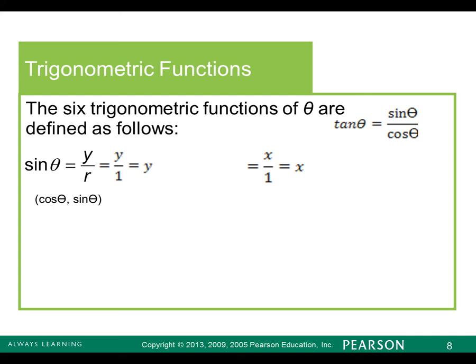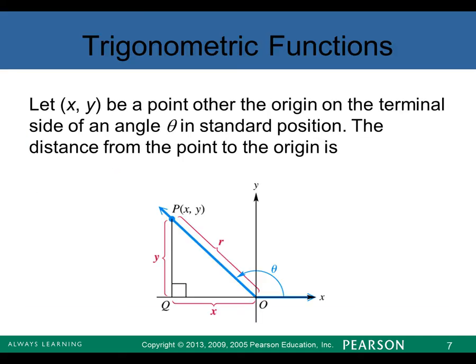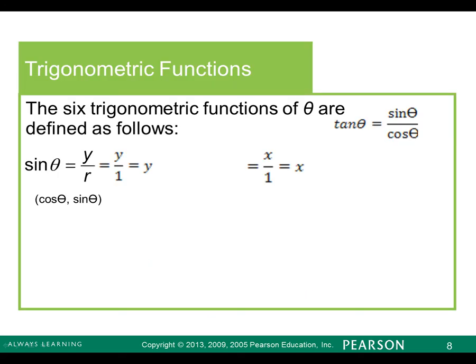Notice sine, if we look back, is opposite over hypotenuse. Well, if our radius is 1, then sine is going to be y, opposite, over 1 for our radius. Well, y over 1 is just y.